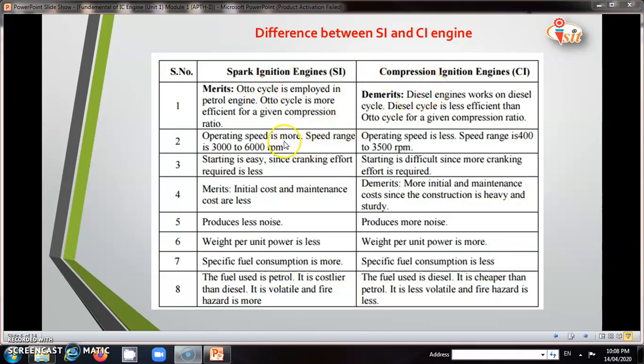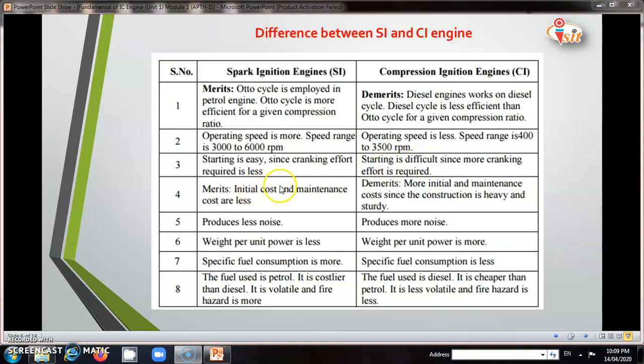As far as speed is concerned, the speed range is between 3000 to 6000 rpm in the case of the SI engine, and in the compression ignition engine the speed range is between 400 to 3500 rpm. Starting is easy in the SI engine, requiring very little cranking effort, but the CI engine requires a large cranking effort, so starting is a little bit difficult.